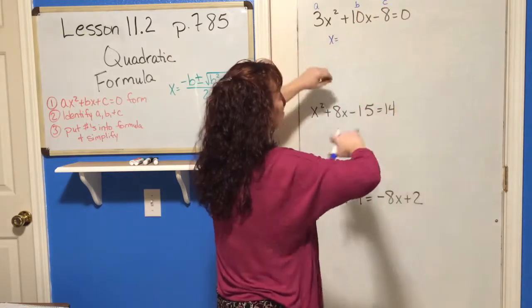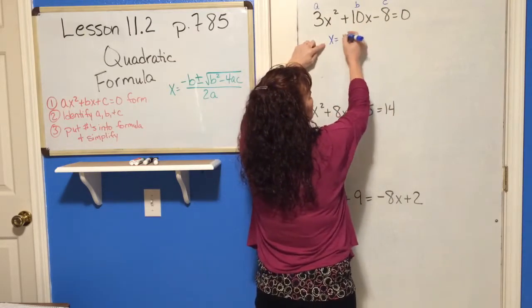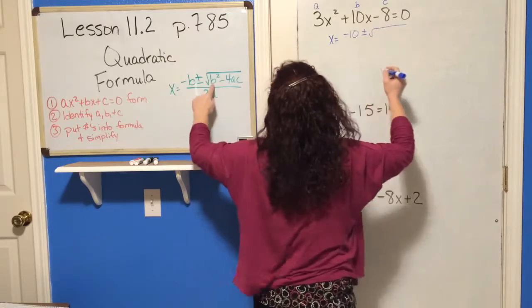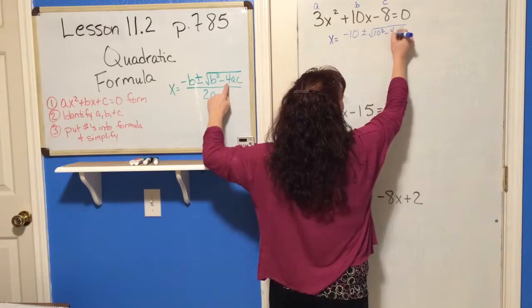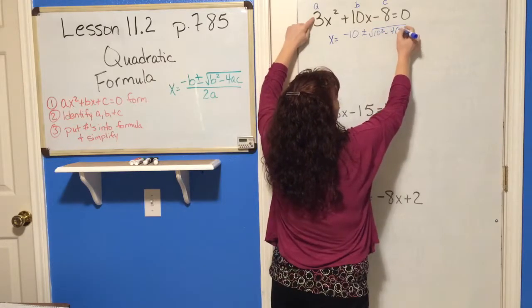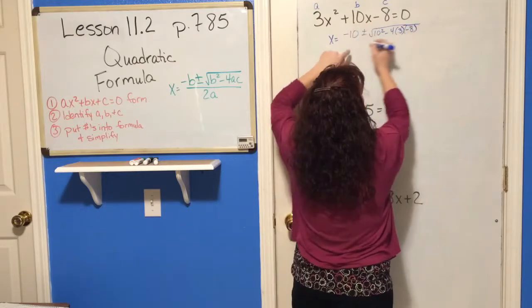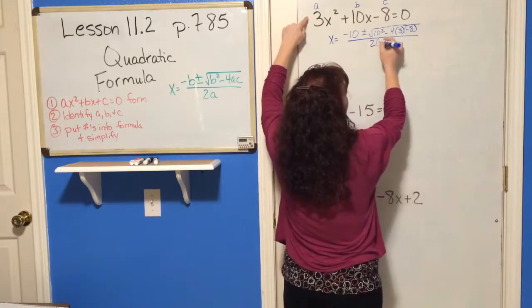Now we put in negative b, so b is 10, so we want negative 10 plus or minus the square root of b squared, so 10 squared, minus 4 times a, which is 3, times c, which is negative 8, and put that all over 2 times a, and a is 3.